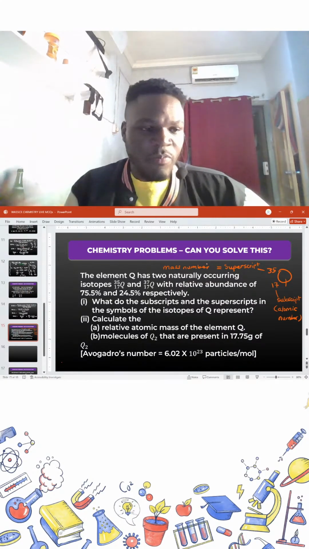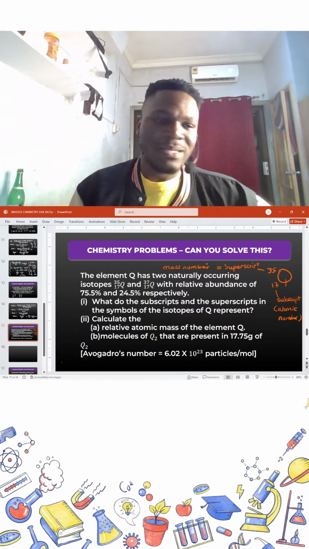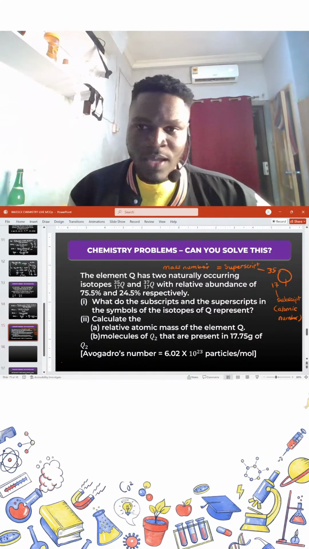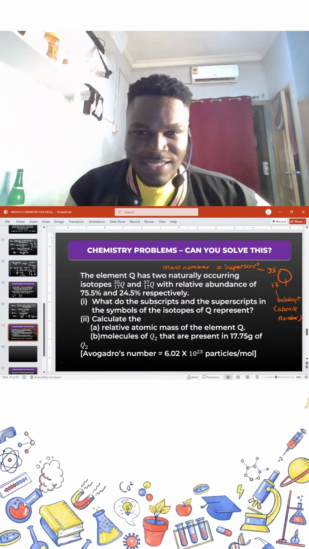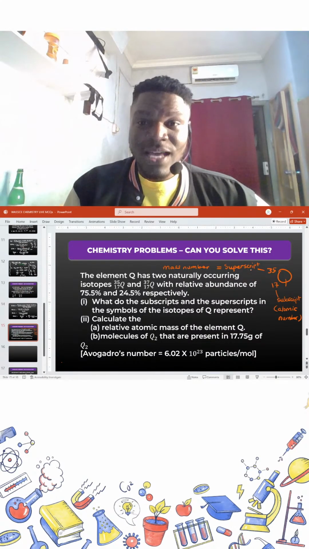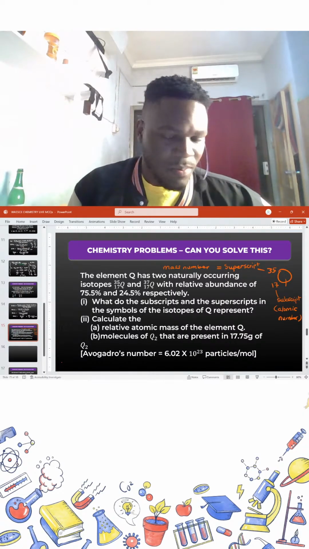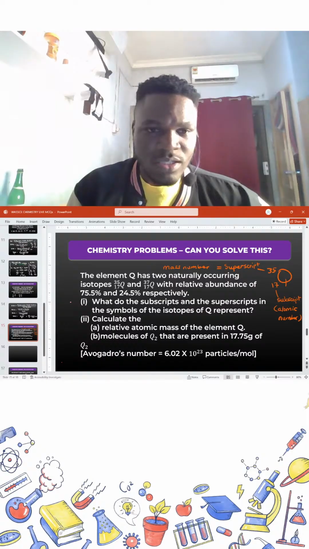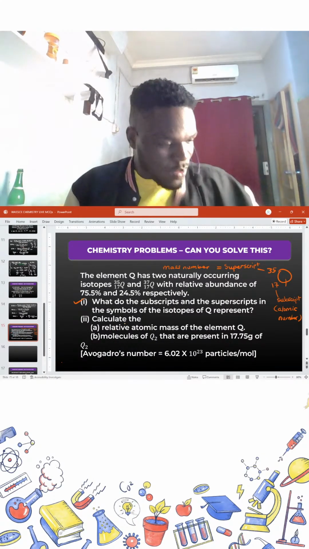That is the number of protons and neutrons present in that particular element. Are you okay? Right. So the I part of the question, what does the subscript and superscript represent in the isotope Q? The superscript is the mass number, the subscript is the atomic number. Okay, and that is the solution to question number I. Are we okay?